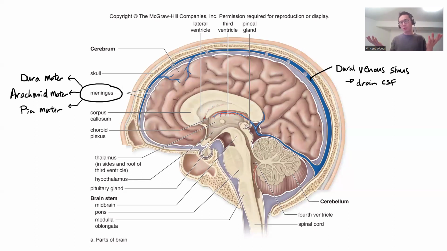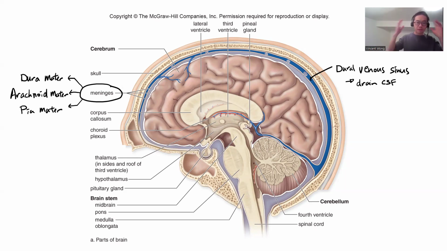Maybe now is a good time to review it as well. I'll type it in the chat box as I say them. There is the meninges. There are the bones such as the skull and the backbone. The backbone is called the vertebral column. There we go.